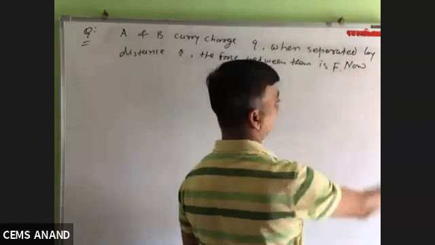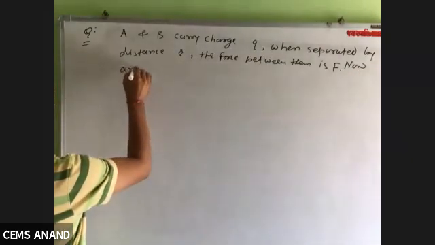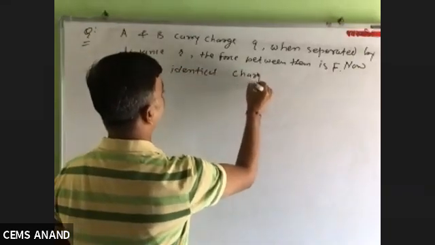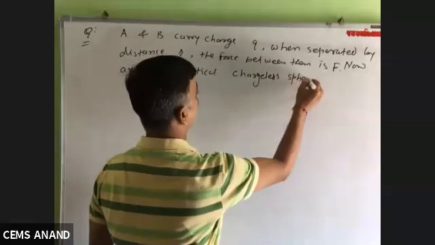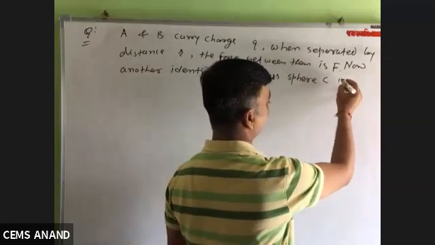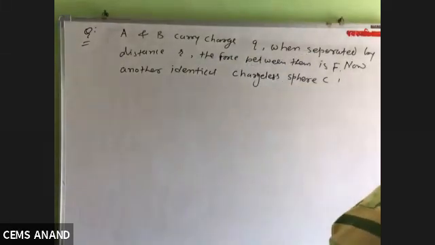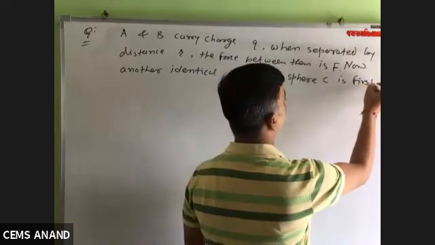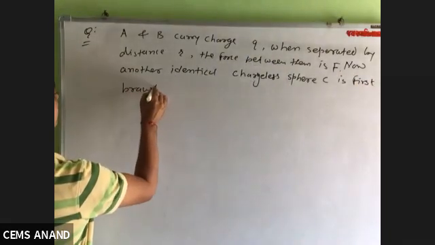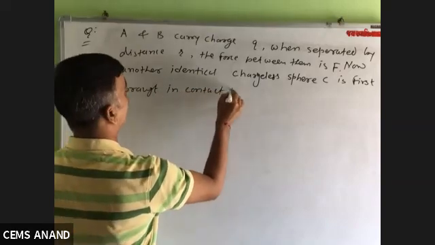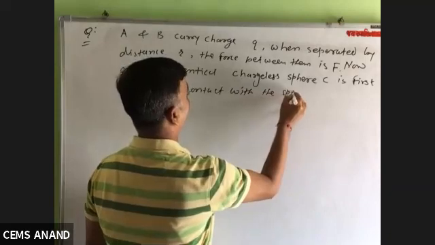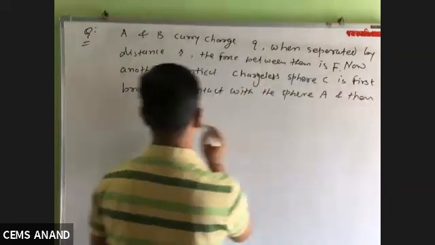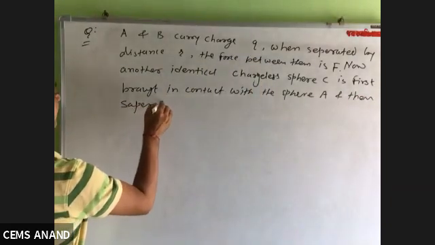Now, another identical chargeless sphere C is first brought in contact with sphere A, and then separated.